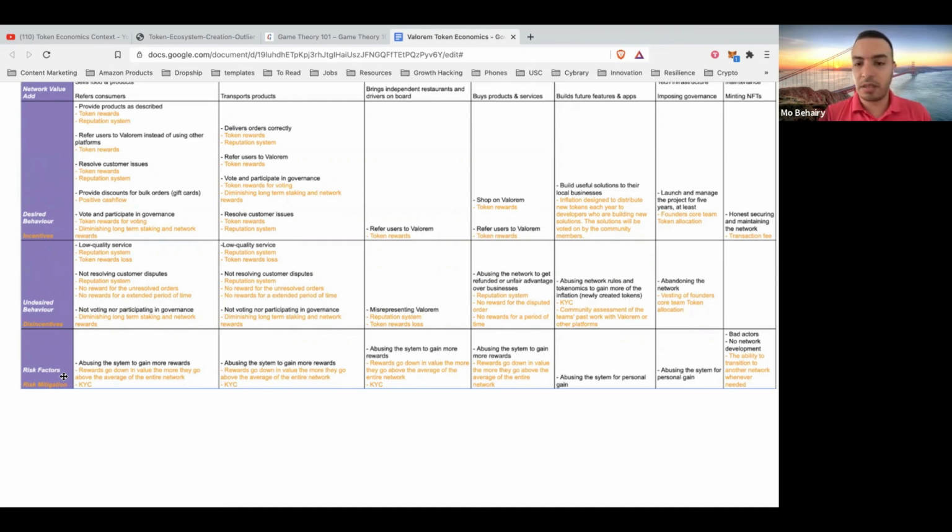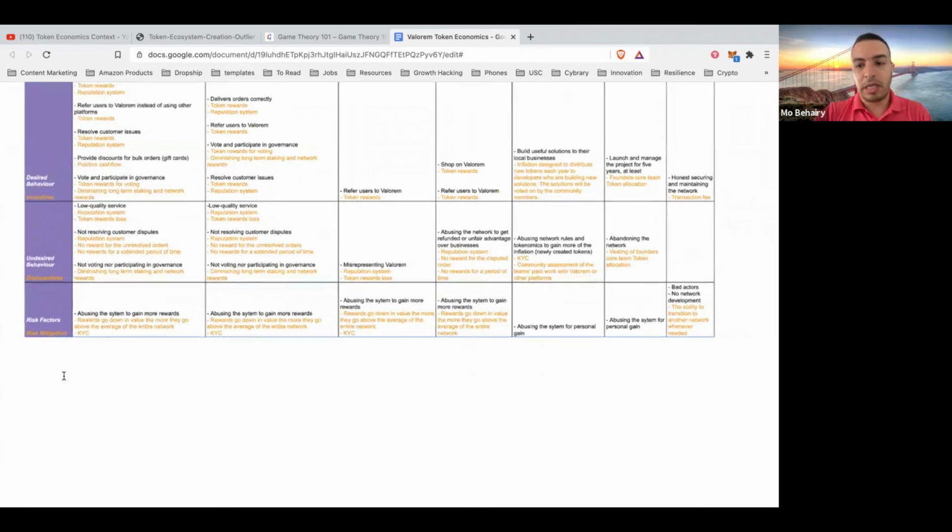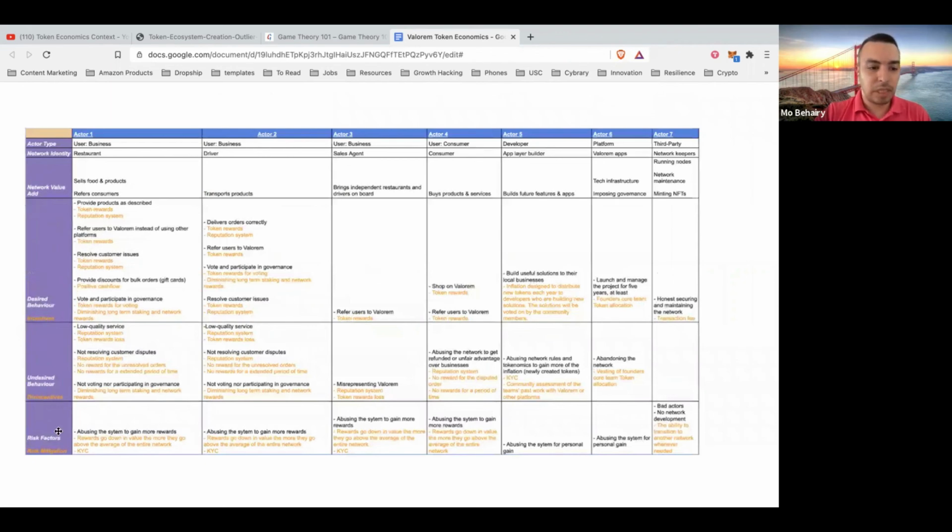The risk factors are more network level, at least how I see it: hacks, smart contract hacks, or bad actor nodes trying to take over the Ethereum system or whatever network we're working on, and so on. For each risk factor we have a risk mitigation, ways to mitigate these risks, and the same for undesired behavior.